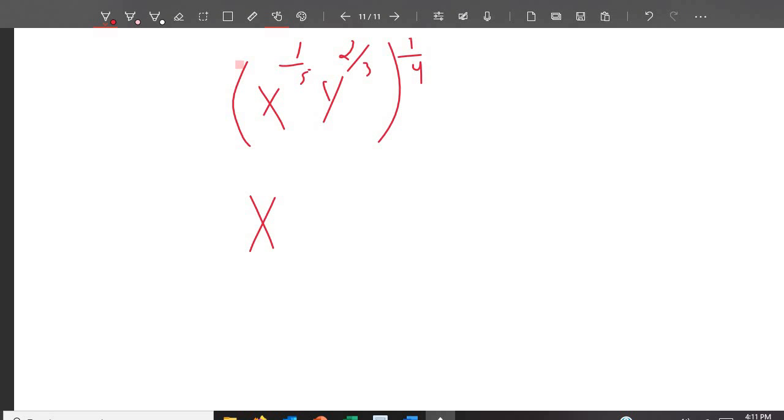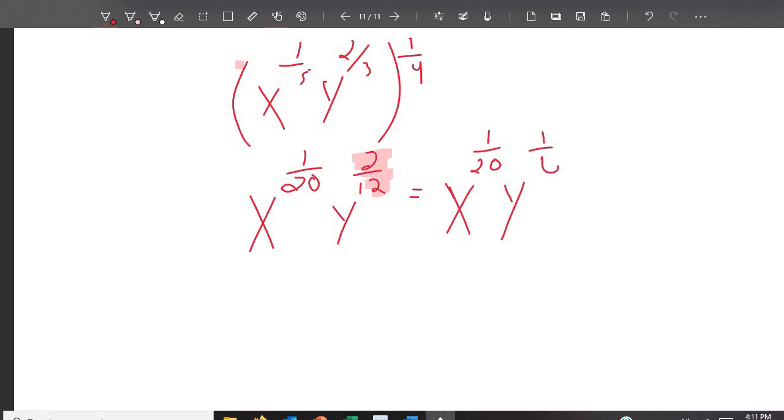The rule says multiply the exponents. 1/4 times 1/5 is 1/20. 2/3 times 1/4 is 2/12. Then if we can simplify, we simplify. I can simplify 2/12, it's just 1/6. This is the final answer. So you're doing the same rules. Okay, same rules.